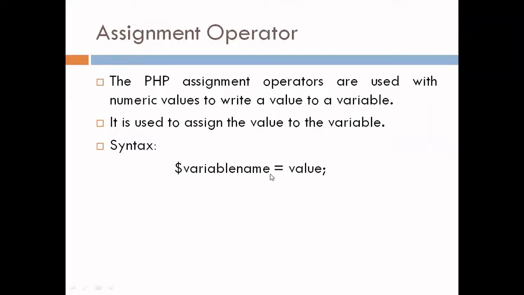Here the equal to sign is my assignment operator. Whatever value is written on the right hand side of it will be assigned to the left hand side variable. Example: $a is equal to 100. Here 100 is a value and a is a variable. With the help of the assignment operator, the value 100 will be assigned to variable a. This way, we can use the assignment operator.